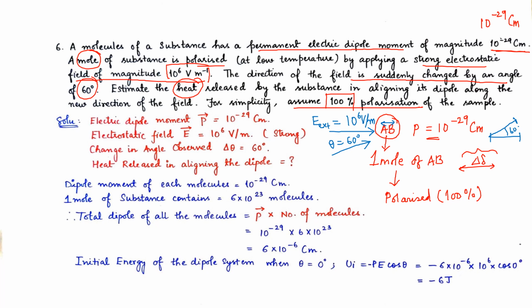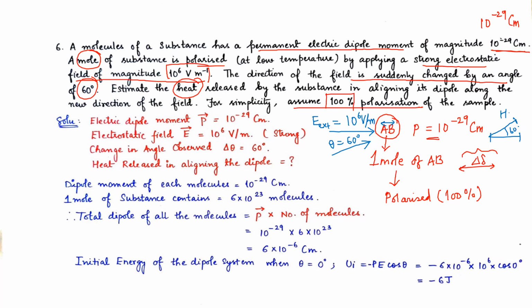So what they ask us is to find the heat released, in the form of work done, in aligning its dipole to the direction of the field. We are assuming it to be 100% polarized. 100% polarization implies that each and every molecule in 1 mole of substance is polarized.